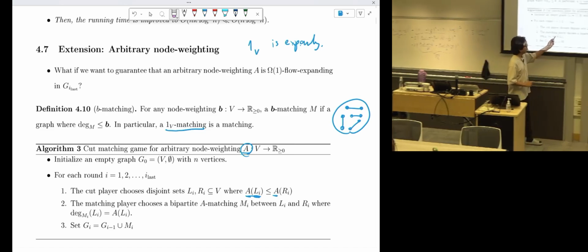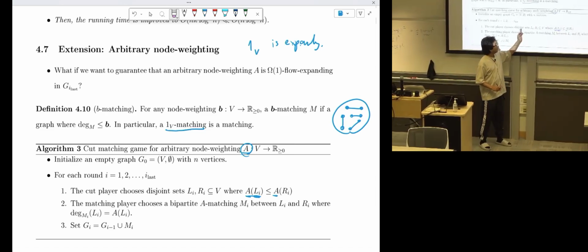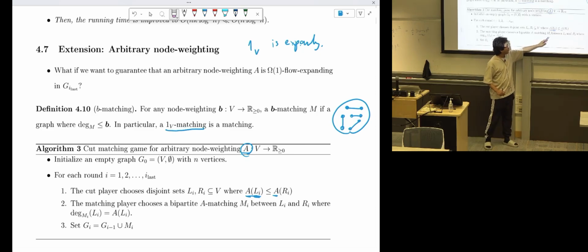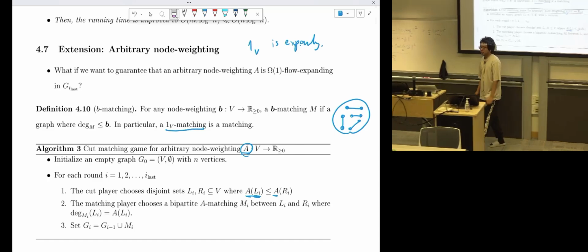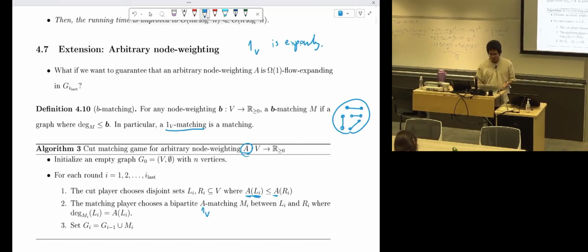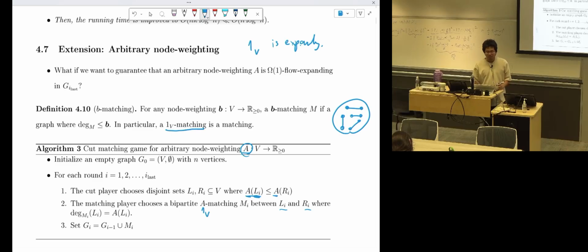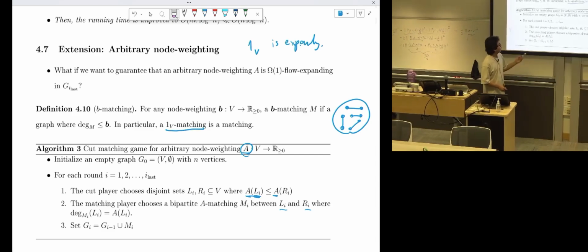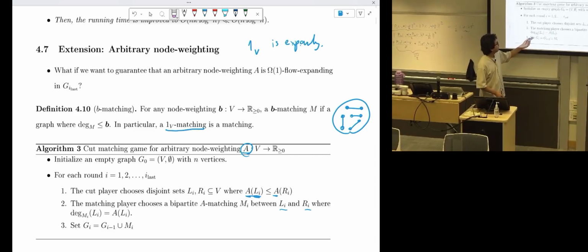And then the matching player will just choose a bipartite A matching between L and R. We used to say this is a 1V matching between L and R, but now it's just an A matching. What's the size of M?